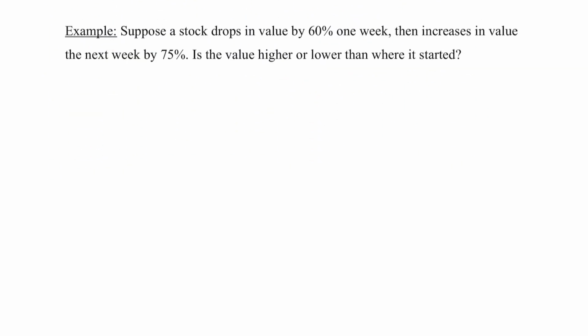Example 3. Suppose that a stock drops in value by 60% one week, then increases in value the next week by 75%. Is the value higher or lower than where it started?